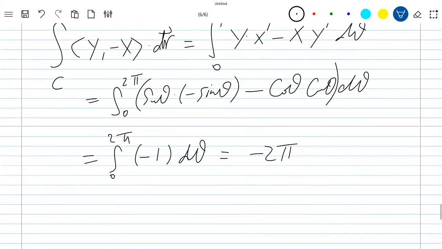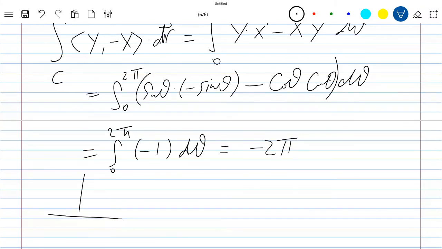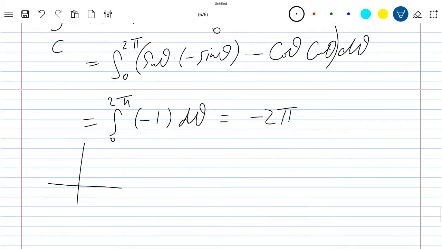Let's see what that represents. Let's plot this field, y, negative x. When x equals 0, and when y equals 0, x equals 1, you have a negative like that.